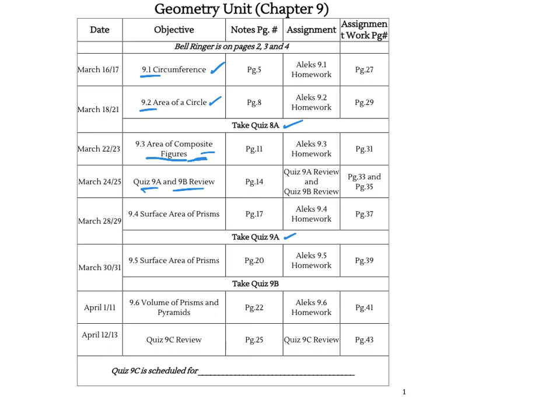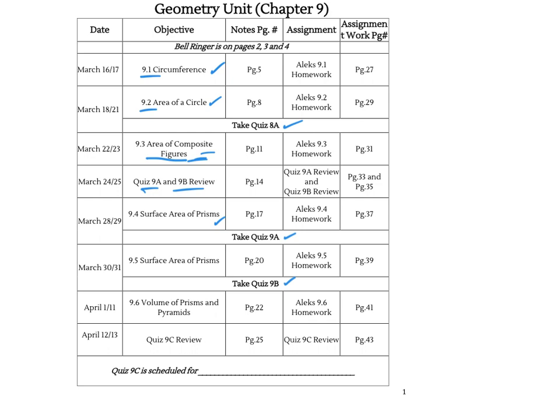Then we'll start working on surface area that day also. On the 30th and 31st, you'll take the 9B quiz. That's pretty much the outline. 9A is an essential. 8A and, I believe, 9B are not essentials.